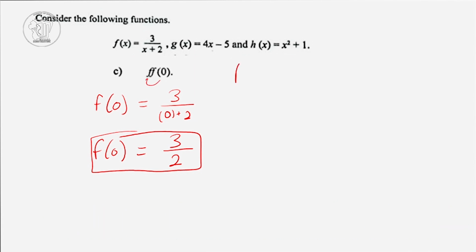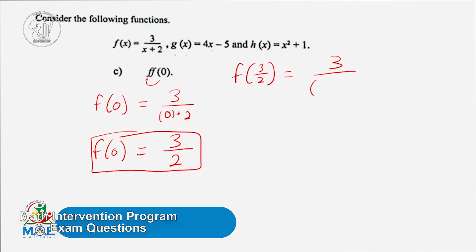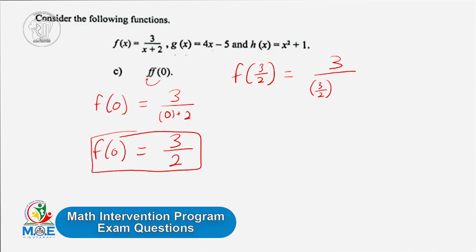That's what we're doing here. So this will now be f of 3 over 2. And that would give us 3 over, instead of x, 3 over 2 plus 2. So we can work on the bottom. We'll have 3 over 2 plus 2. This would be the same as 3 over 2 plus 4 over 2. And this will simply give us 7 over 2.